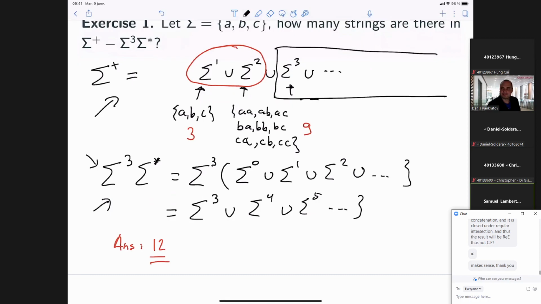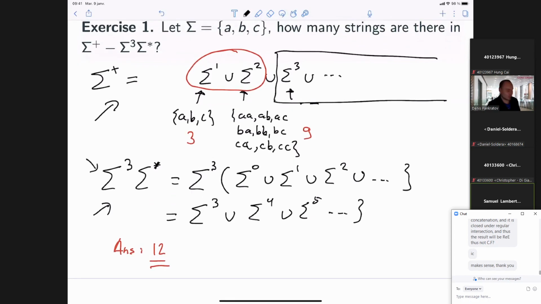I have a question. Sure. Why is it that concatenation of sigma cube with sigma star removes sigma 1, 2, 1, 0, 1, and 2? Well, you can just look at this expression.